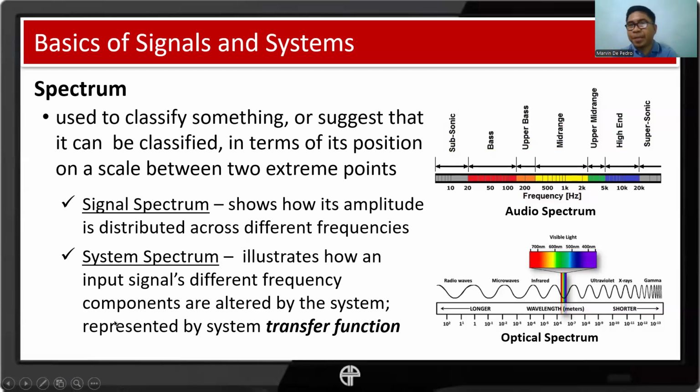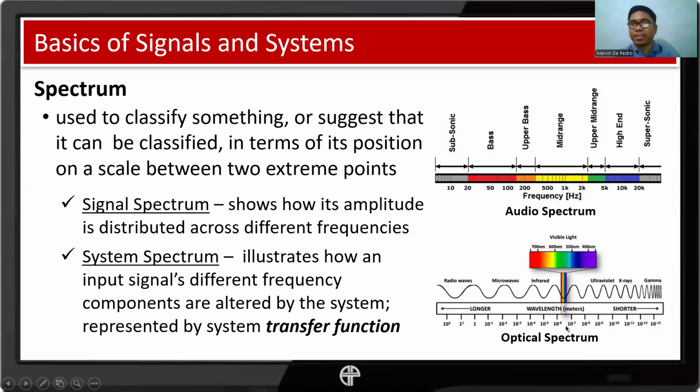In the same way, we have the optical spectrum. If our ears have the audio spectrum, our eyes have the optical spectrum as well. The entire electromagnetic spectrum has a lot of portions, or actually, we can divide that into different subspectrums, like the optical spectrum. From the lowest frequency up to the highest frequency, the ones that the human eyes can see are within this range only, and this range is what we call the optical spectrum.